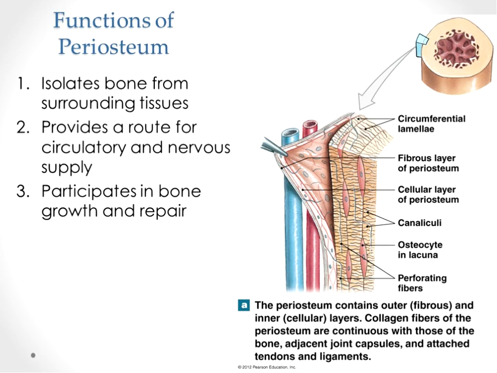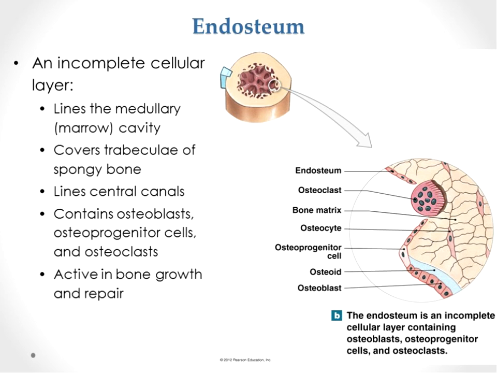And it helps in the repair process because it's where the progenitor, the blast, and the clast cells live primarily, because they don't get trapped in there. Once they're trapped, they're osteocytes. And so if there's a damage or a need to thicken up, that is where the thickening up, the remodeling can happen, or the repair process can happen in that periosteum.